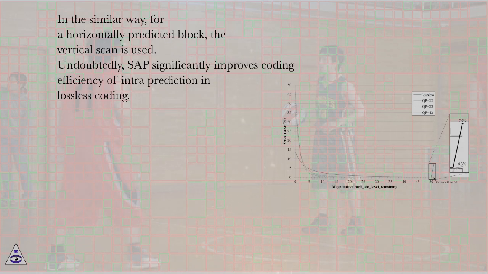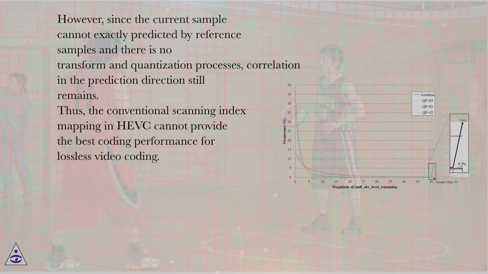Undoubtedly, SAP significantly improves coding efficiency of interprediction and lossless coding. However, since the current sample cannot be exactly predicted by reference samples and there are no transform and quantization processes, correlation in the prediction direction still remains. Thus, the conventional scanning index mapping in HEVC cannot provide the best coding performance for lossless video coding.